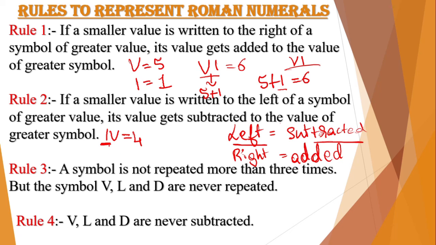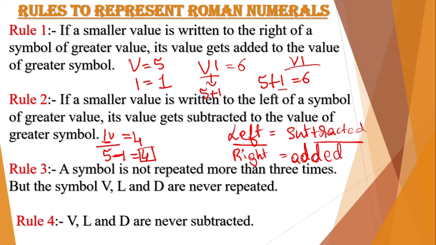Means here the value is getting subtracted. So this 4 is representing 5 minus 1, which is equal to 4. So this is why we write 4 like I and a V. So as I told, the value is getting subtracted, 5 minus 1. So only we write 4 like this in Roman numerals.